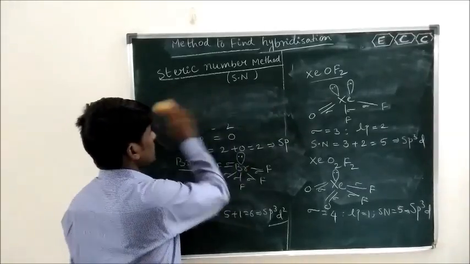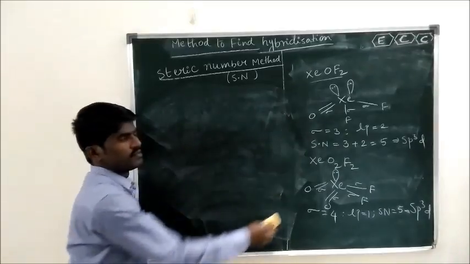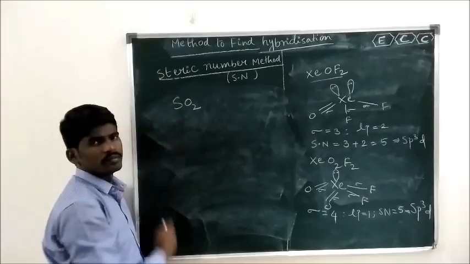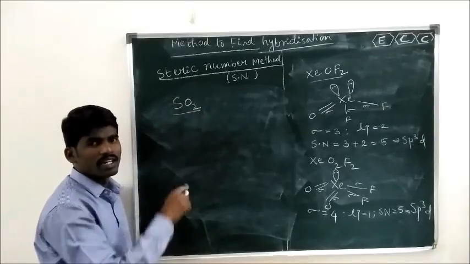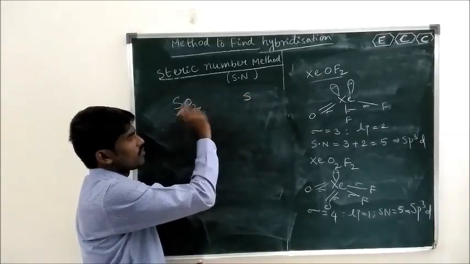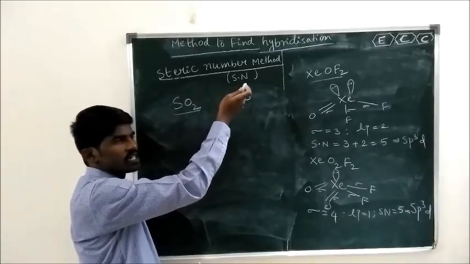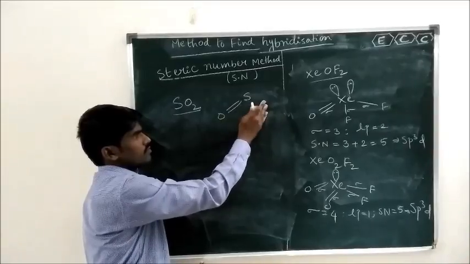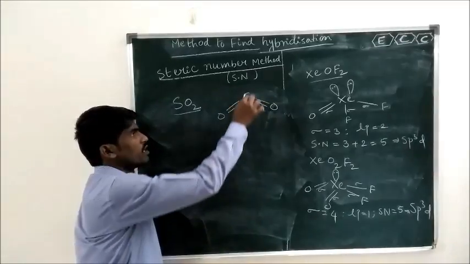Now, if we take sulfur as an example. Sulfur compounds, let us take SO2. Sulfur dioxide. What is the hybridization of sulfur in sulfur dioxide? Sulfur is the central atom. Sulfur has 6 valence electrons. So it can form maximum 6 bonds. So 4 bonds it has formed.